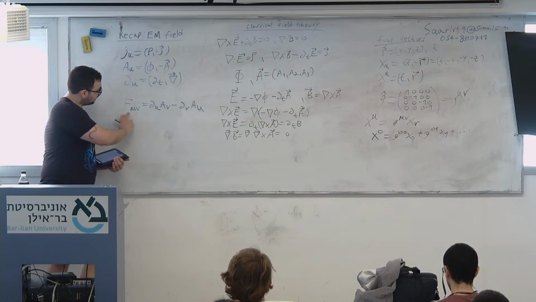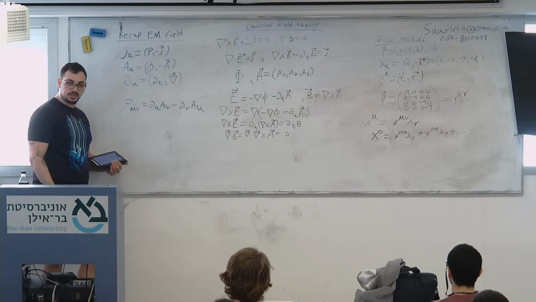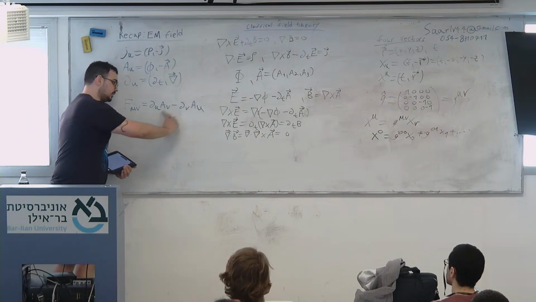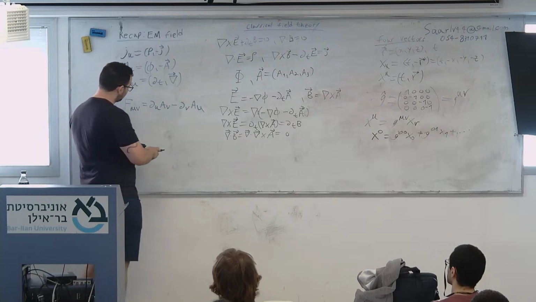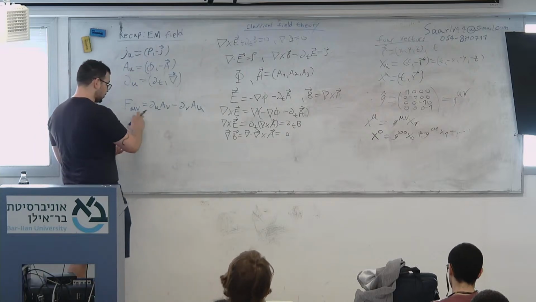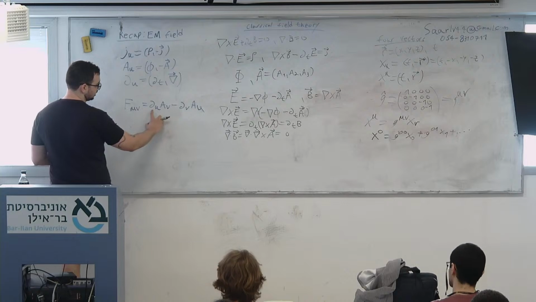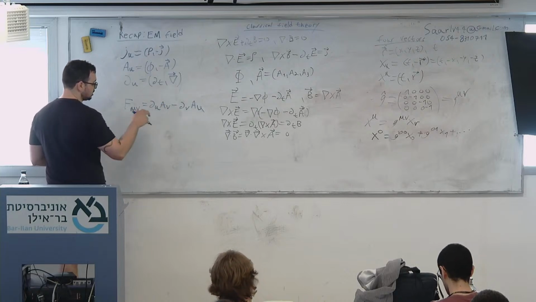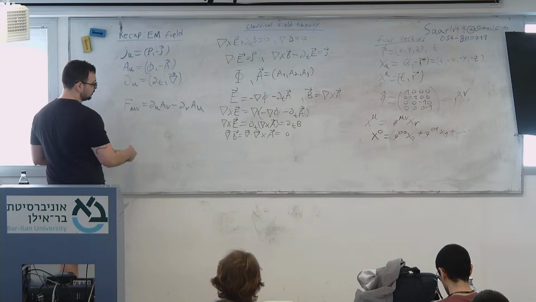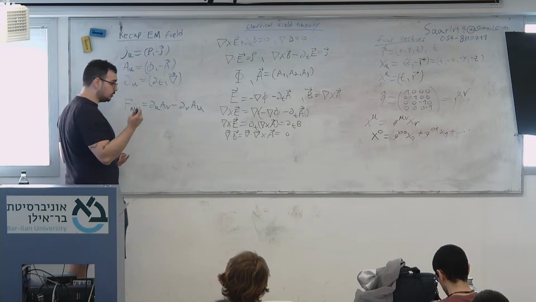Since we know F has 2 free indexes, it must be a matrix. So the right side will obviously also have to be a matrix. Here it's pretty simple, because we already see that the derivative and the potential don't have the same indexes, so there will be 16 terms and not 4 like a vector, or not 1.